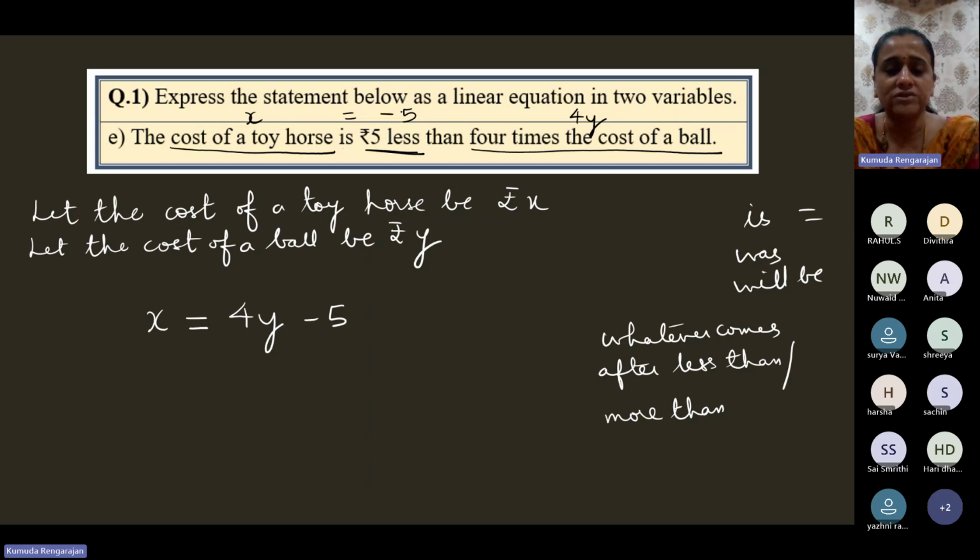So X is equal to, you must write 4Y first because it comes after than. So X is equal to 4Y minus 5. Bring all the terms to one side: X minus 4Y plus 5 is equal to 0 is the required equation.